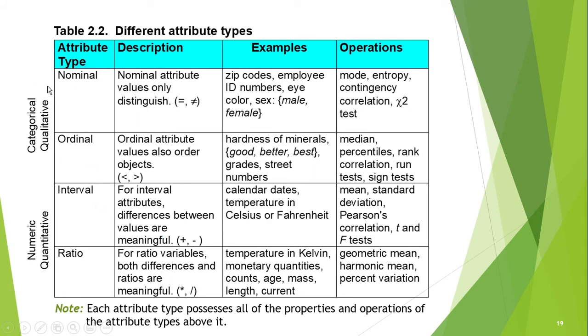Now, lahat nung diniscuss natin, nandito ang summary sa table 2.2, different attribute types. Ito po yung attribute types, ito po yung description, mga example, tsaka yung mga operations involved.